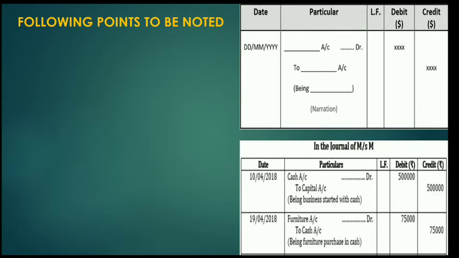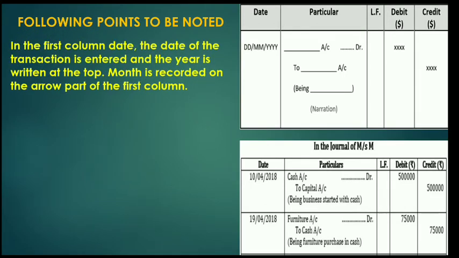So we will see how one has to maintain the record in the journal. Now in the first column, date, the date of the transaction is entered and the year is written at the top. The month is recorded on the top part of the first column.